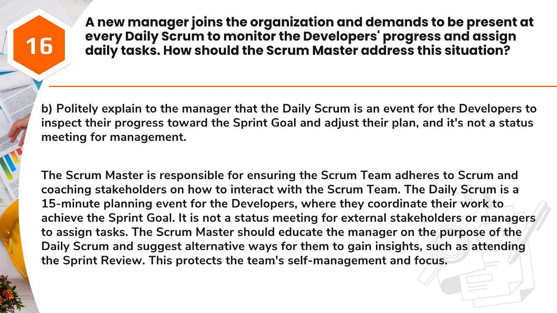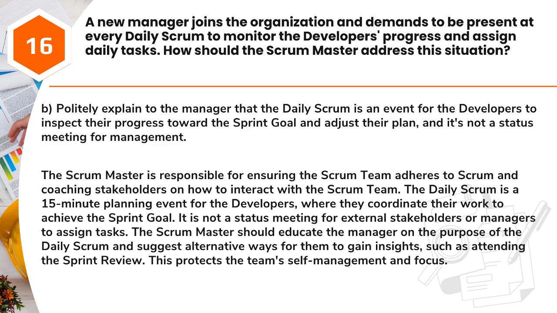Answer: B. Politely explain to the manager that the daily Scrum is an event for the developers to inspect their progress toward the sprint goal and adjust their plan, and it's not a status meeting for management. The Scrum Master is responsible for ensuring the Scrum team adheres to Scrum and coaching stakeholders on how to interact with the Scrum team.